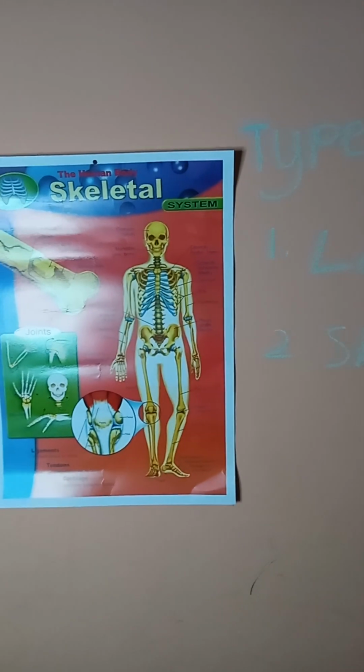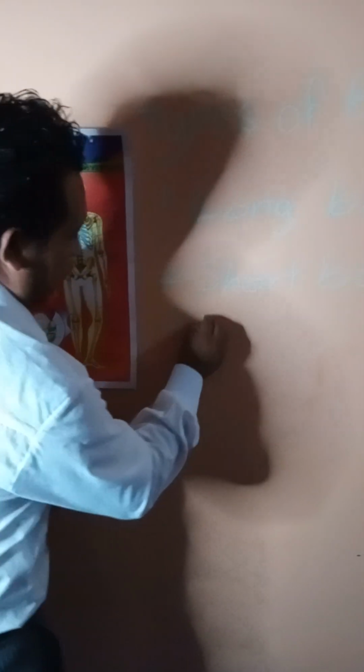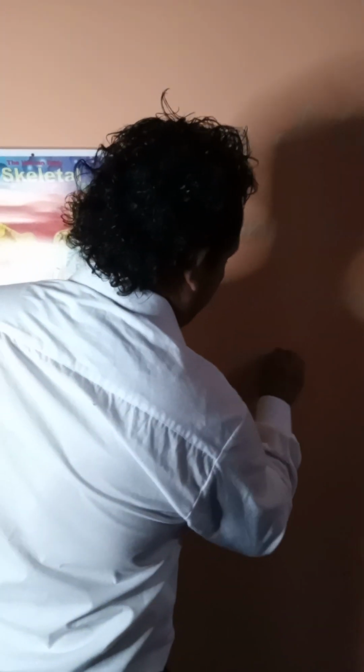If you watch here, we will see the tarsals. Basically, we know it as the ankle, the tarsals. So that is correct. All right, so we move on to the next type of bone, number three, and that is the flat bone.